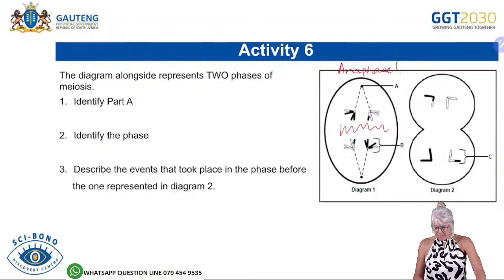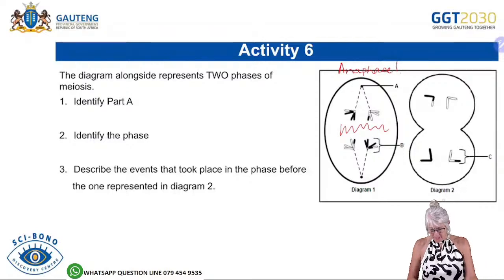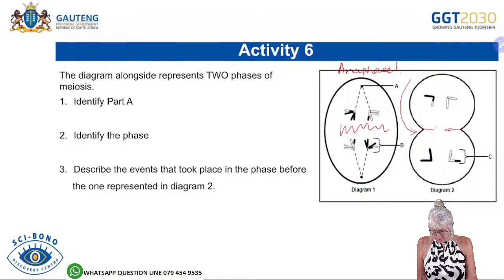If I look at diagram 2, here I don't see 2 chromatids forming a chromosome. Here I just see a single chromosome, what we call an unreplicated chromosome. I also see that something's happening here. So I look like I'm getting 2 cells. So I can see here constriction is happening and eventually it's going to constrict completely and the 2 cells are going to separate.